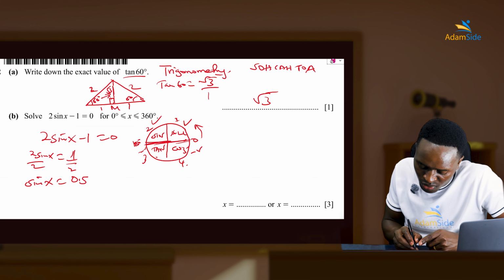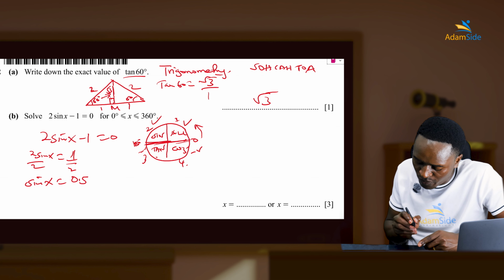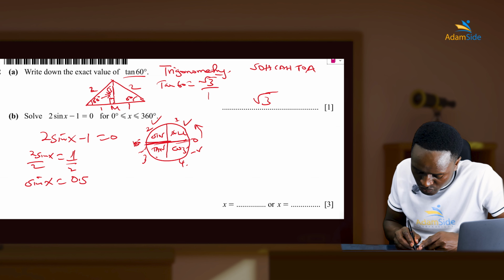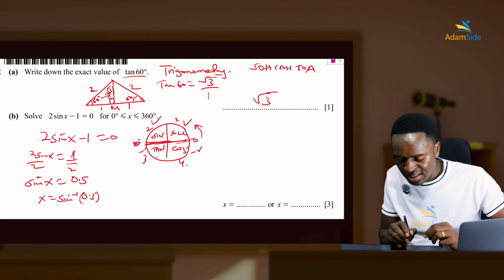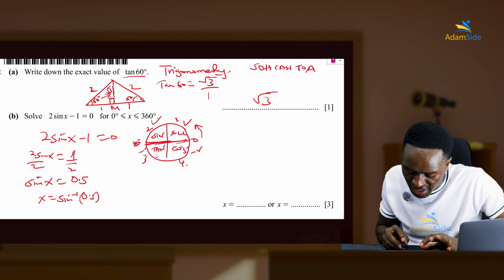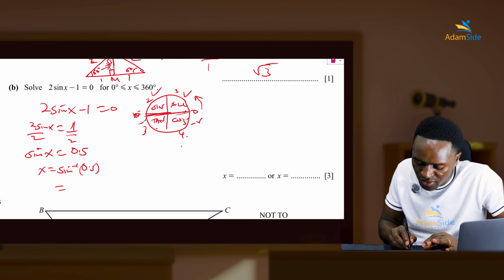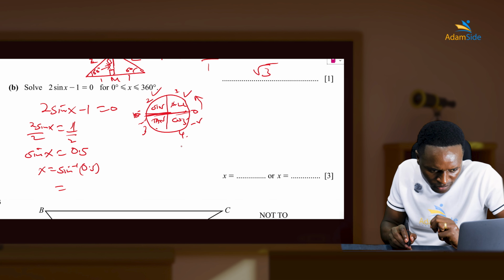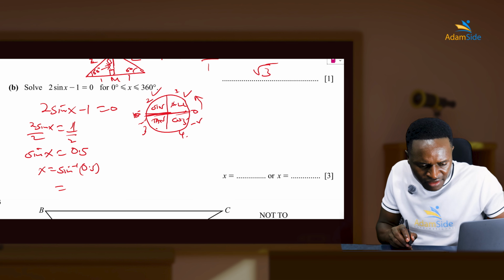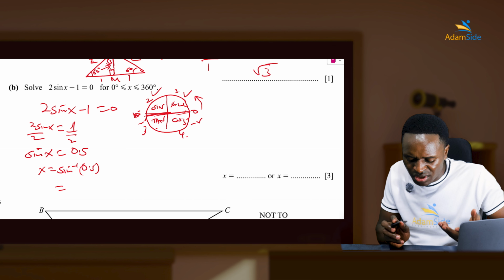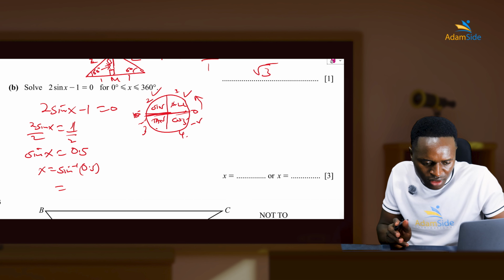Therefore, we use the sine inverse of x. So we say sine inverse 0.5. What is sine inverse 0.5? Sine inverse 0.5, which is a half, is obviously 30 degrees, an acute angle.